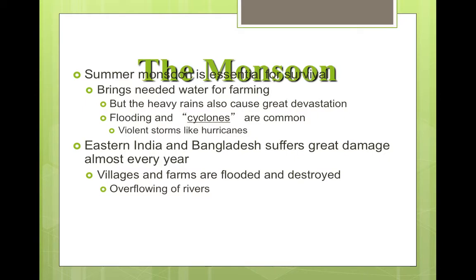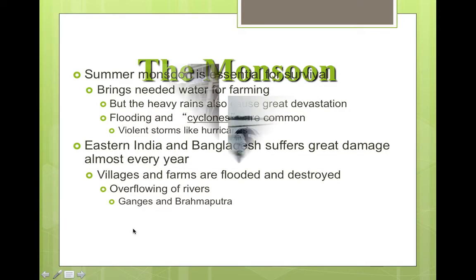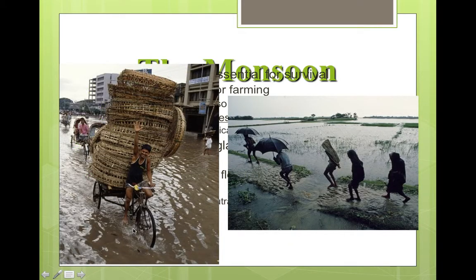There's overflowing of the rivers, which again has moments of being really important because that creates the fertile land. If they were to stop that, they wouldn't have the fertileness of the land itself. And here's where we see some flooding going on.